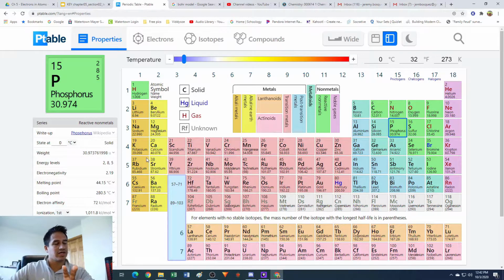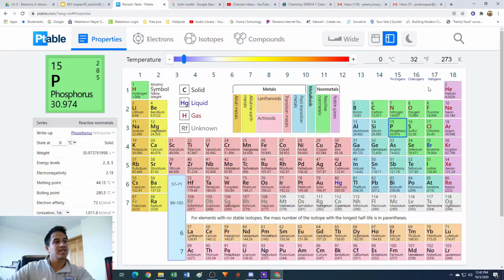So we call this the S block. All the elements over to the right, from boron to neon down to radon over to thallium, this big square on the far right, have electrons in P-shaped orbitals. So this is what we call the P block.